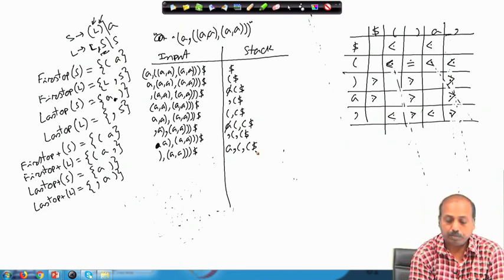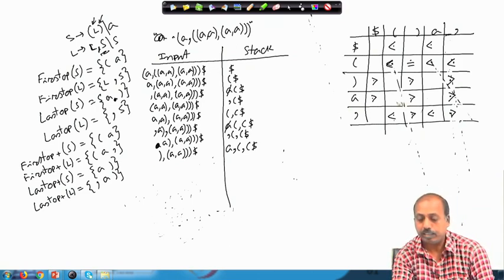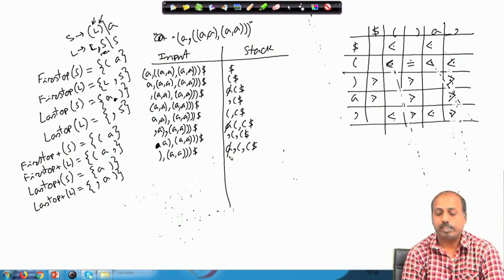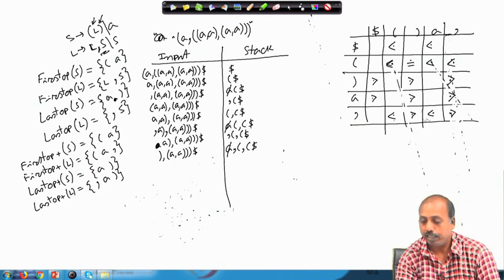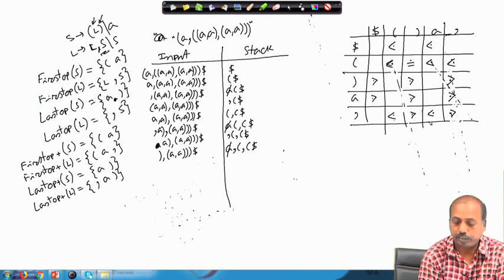Okay. Now, I have A and close parenthesis. A is of higher precedence than close parenthesis. So, A is popped out from the stack. Now, comma and A: comma is of lower precedence than A, so the popping process stops. Now, I have close parenthesis and comma.